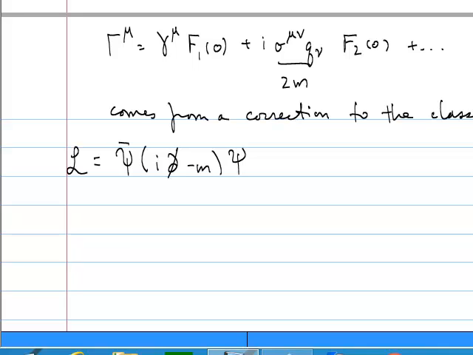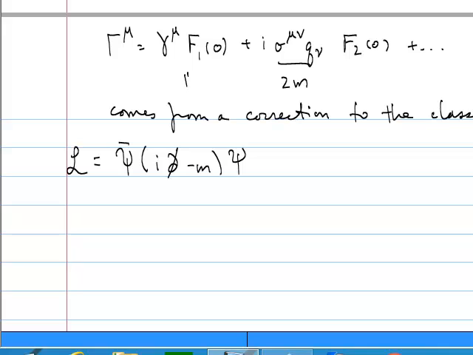And then if you think about gamma mu as an interaction vertex, it looks like an interaction between two electrons and a photon, which comes from some cubic terms in the Lagrangian. And what are those terms?